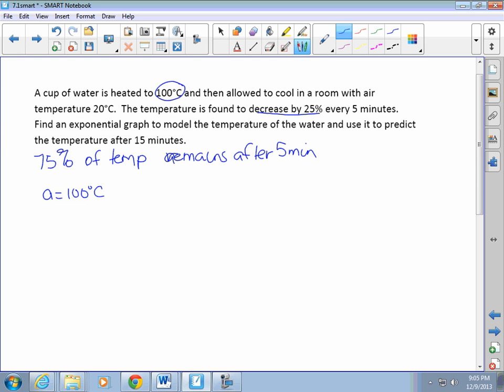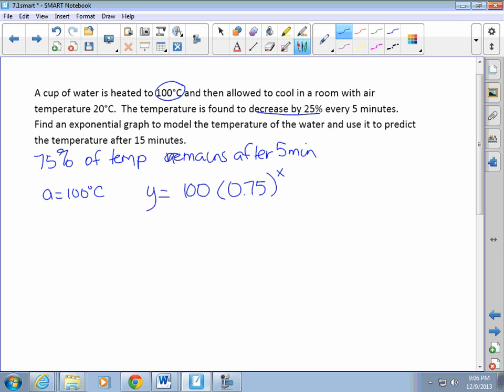So that is your base. Every 5 minutes, it's going to change. So if you think of it, every 5 minutes, if we did 3 intervals, then we would have 3 5-minute intervals, or 15 minutes had gone by. So if we wanted to write this out, we'd have y is equal to that 100 degrees, that's the original temperature, and it's changing by that 0.75 every x.